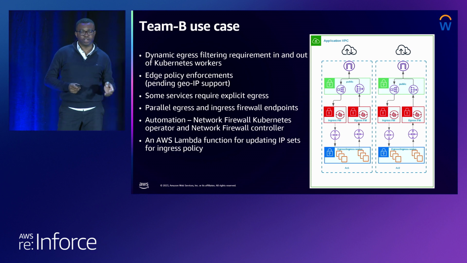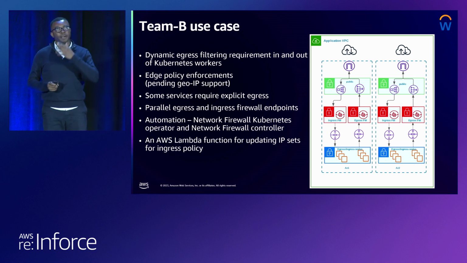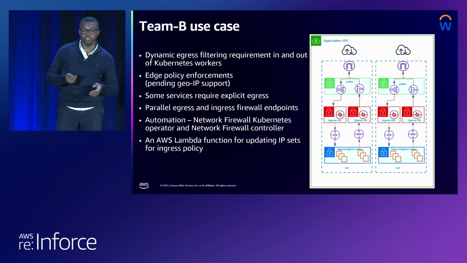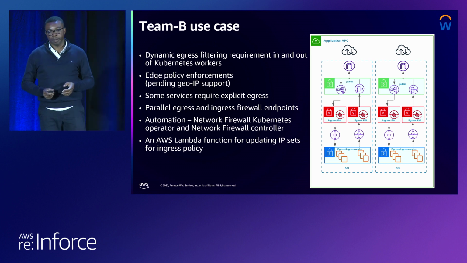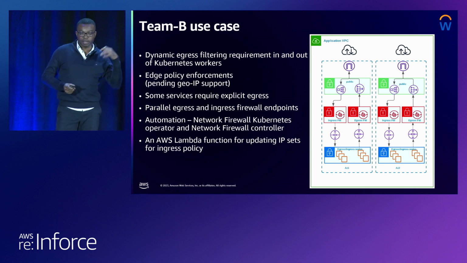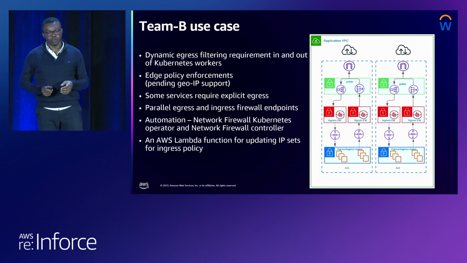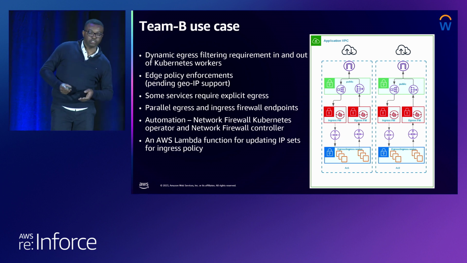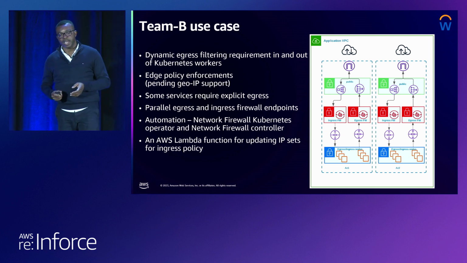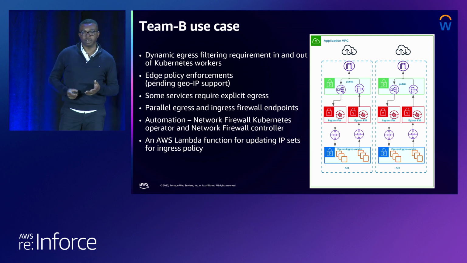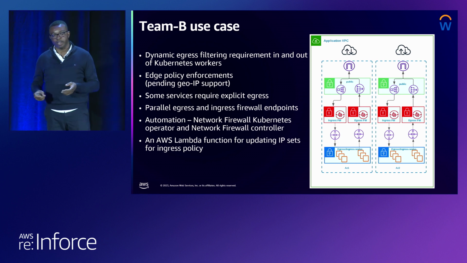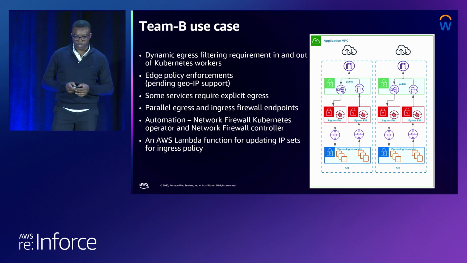There's also another use case where they work in conjunction with our threat intel team to block certain IP addresses inbound to the infrastructure. So there's a Lambda function within the network that updates these IP sets whenever the IP addresses change.